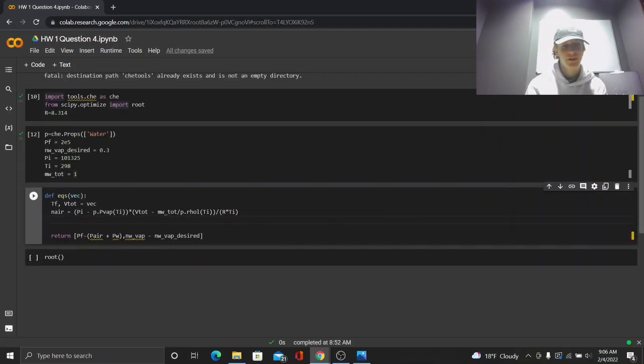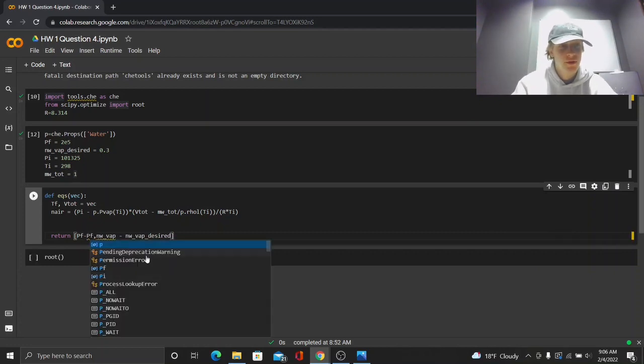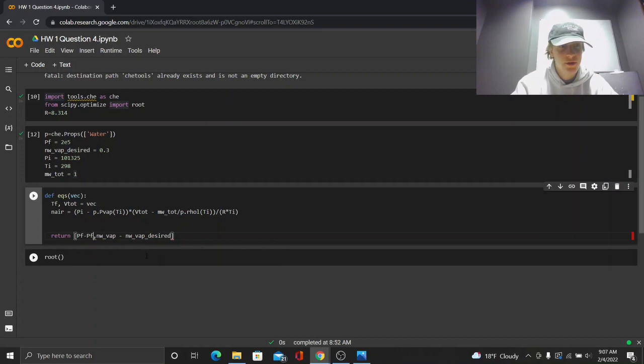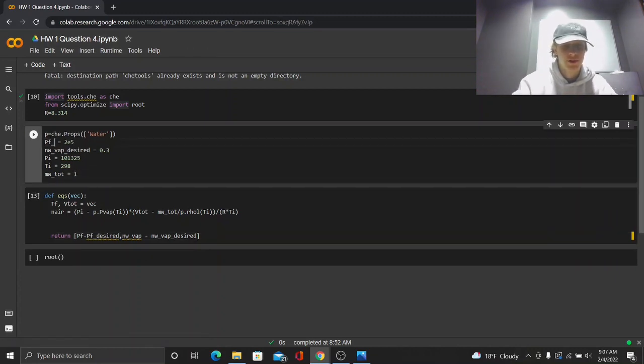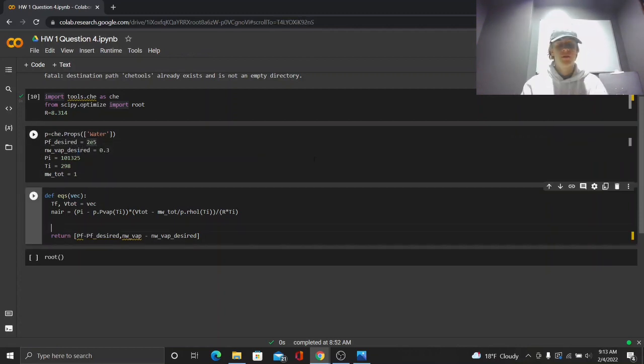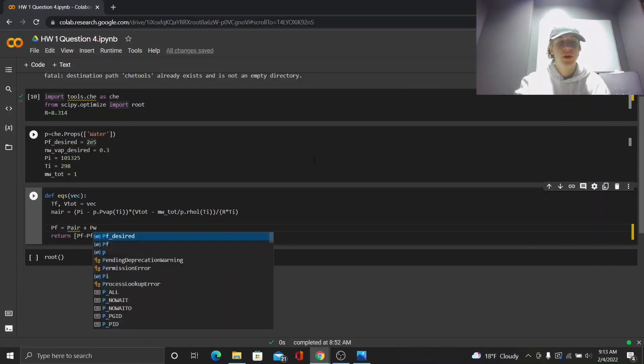Now I can actually make this final equation even simpler by just saying that we want the final pressure to be equal to the pressure desired. So now the final pressure is equal to the partial pressure of the air plus the partial pressure of the water.